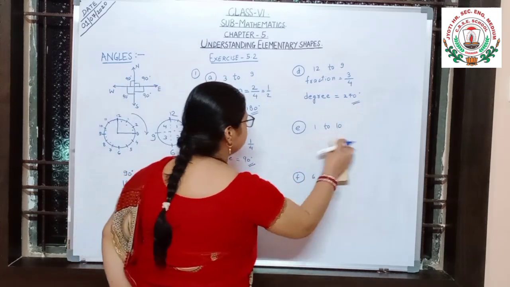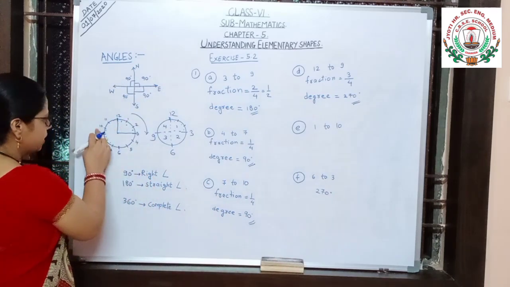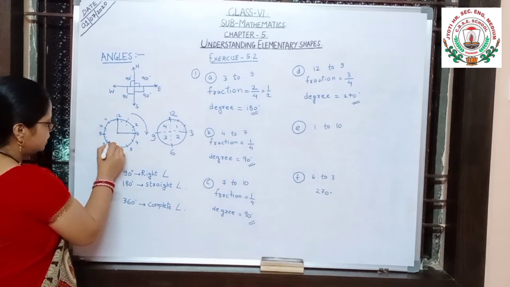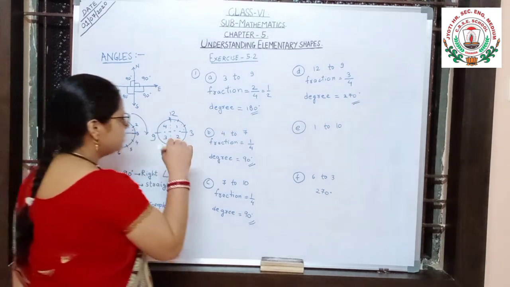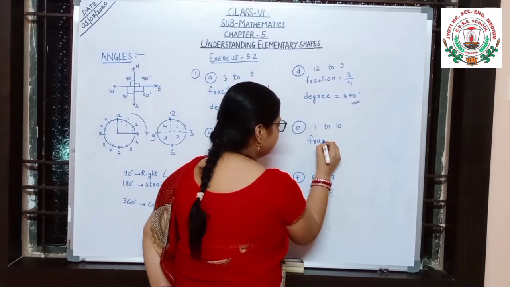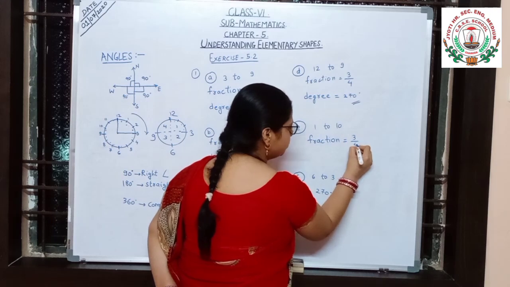1 to 10. Here 1 is going up to 10: 1, 2, 3, 4, 5, 6, 7, 8, 9. Means 3 blocks it is going, 3 out of a total of 4.